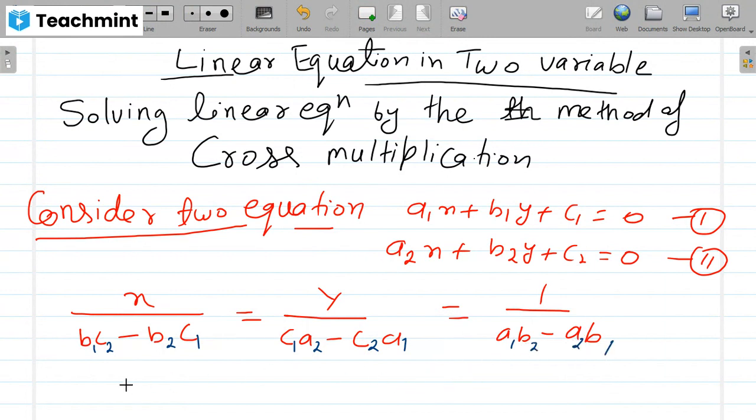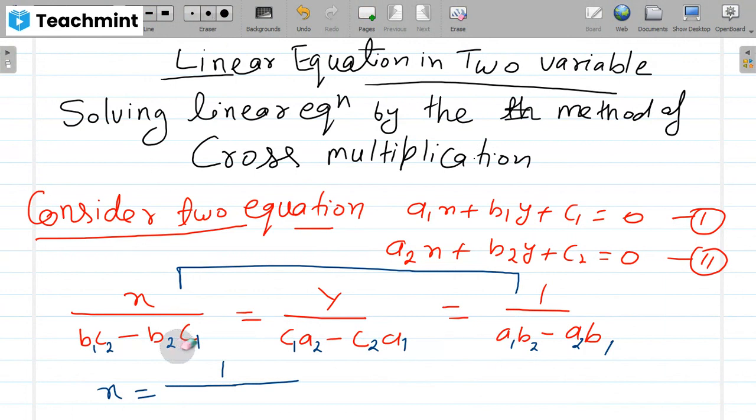Okay, suppose we want to find the value of x, now taking the first and last part, and after that, the value of x, transfer this number to the other side: b1c2 minus b2c1 by a1b2 minus a2b1.